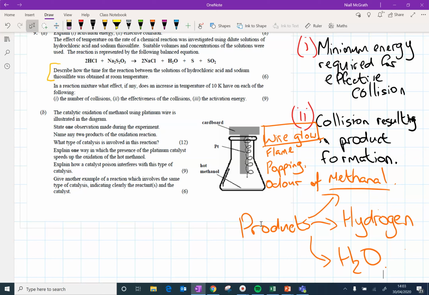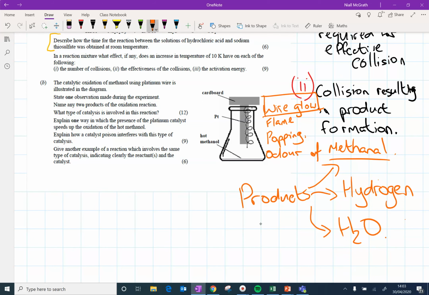What type of catalysis is involved in this reaction? We have our reactant, our methanol, which is liquid.